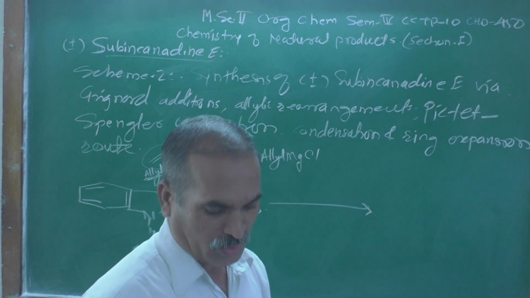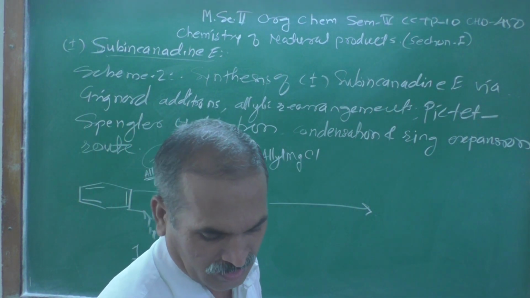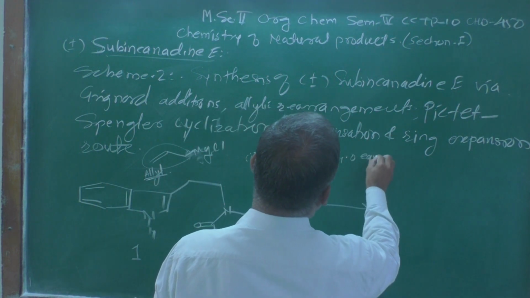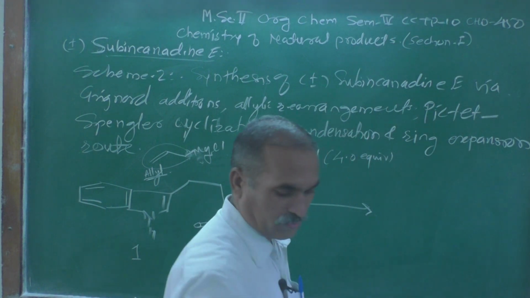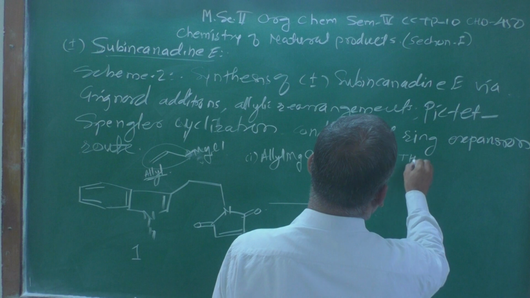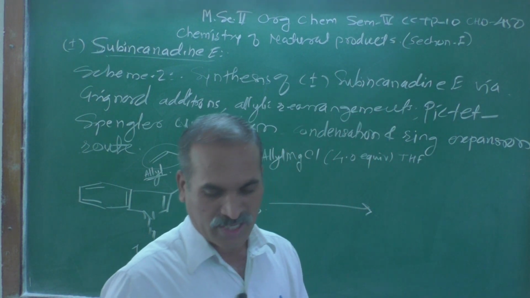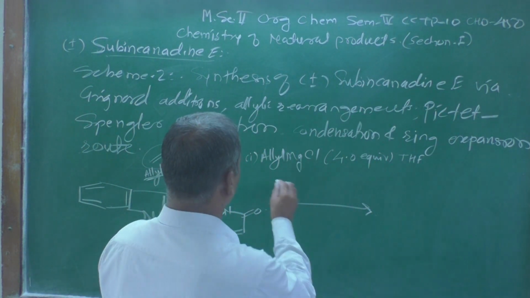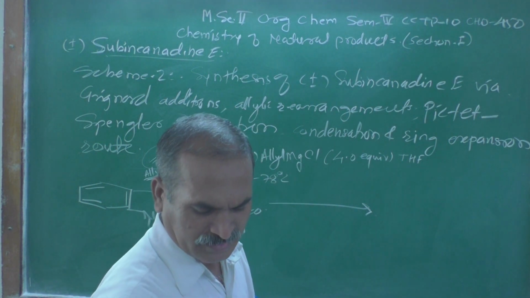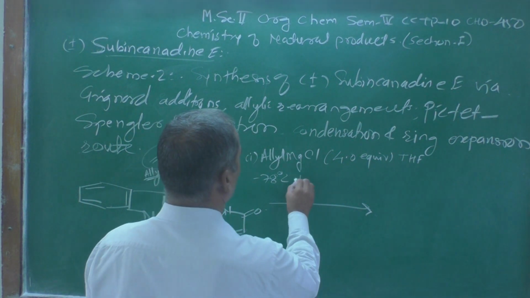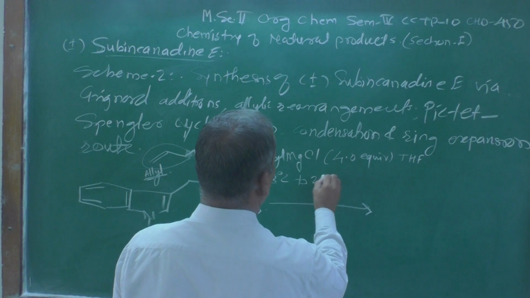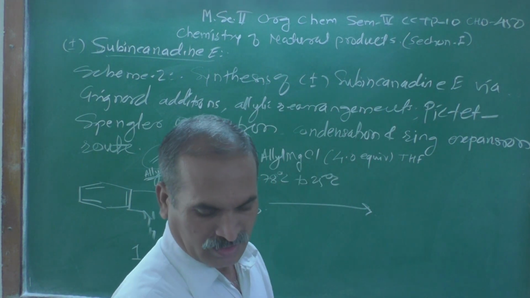Allyl magnesium chloride is taken at 4.0 equivalents, THF, tetrahydrofuran, is used as the solvent, and the temperature is kept from minus 78 degrees centigrade to 25 degrees centigrade.